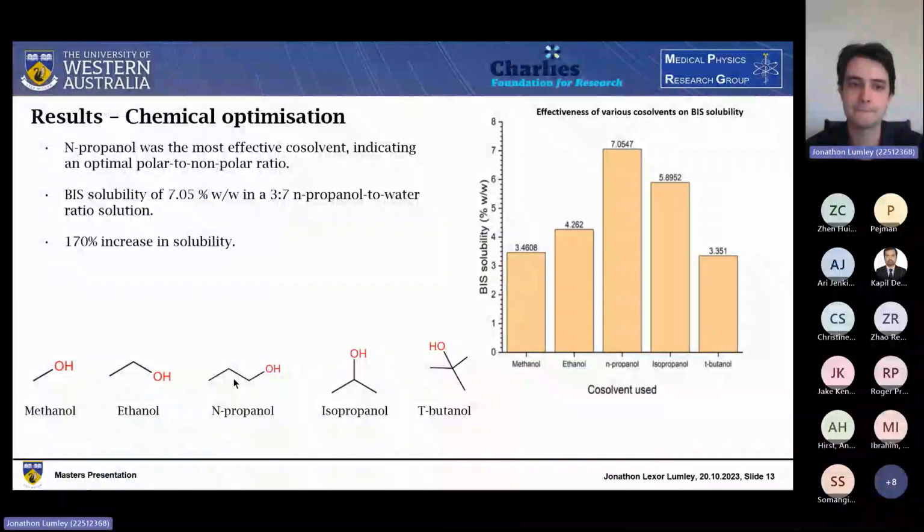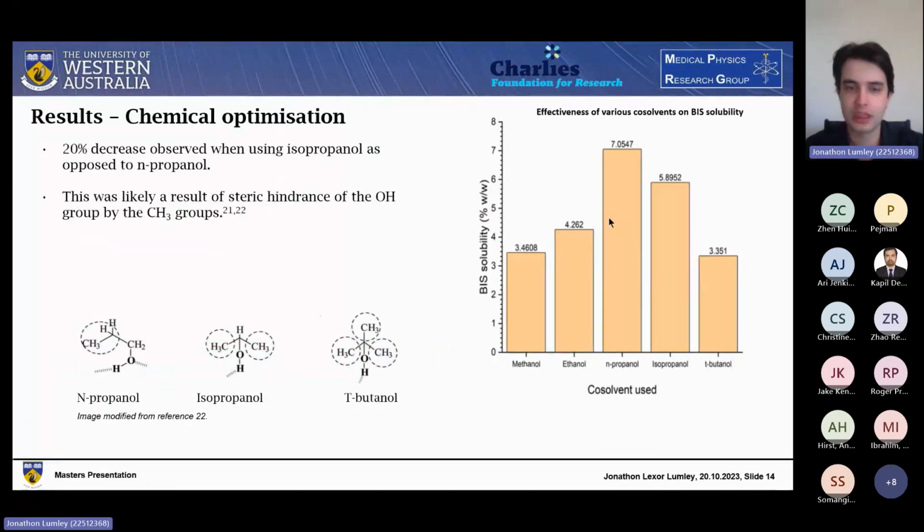Furthermore, when I tested N-propanol, the BIS solubility was approximately 7% weight to weight. This was a 170% increase compared to pure water. It is noted, however, that if I used isopropanol as opposed to N-propanol, we did observe a 20% decrease in BIS solubility.